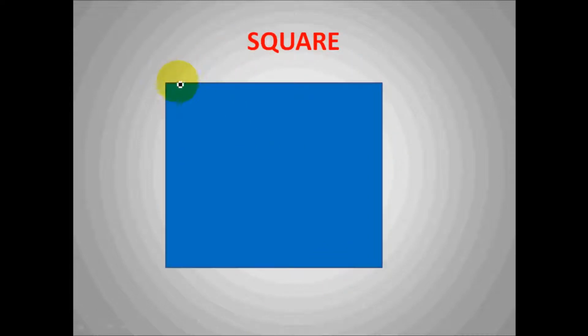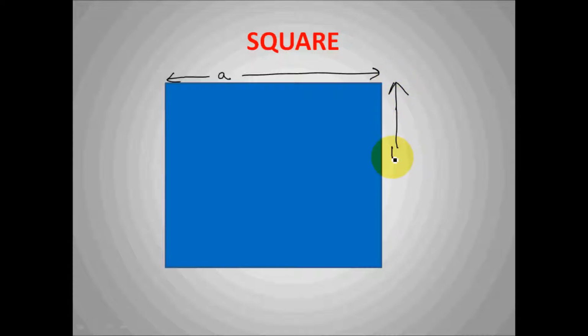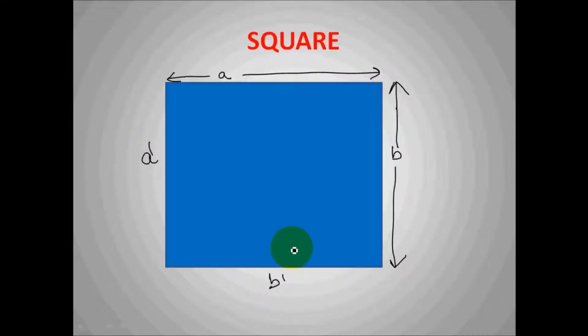First is the square. Let's take the side to be A and the other, adjacent side to be B. And let this be A dash and this side be B dash.